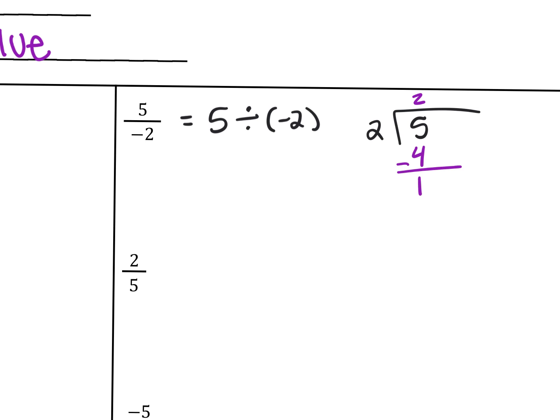We're left with 1. And I don't want remainders, so I'm going to add a decimal and a 0. 2 goes into 10 5 times. 2 times 5 is 10. And then a positive divided by a negative, they're different signs, is a negative.